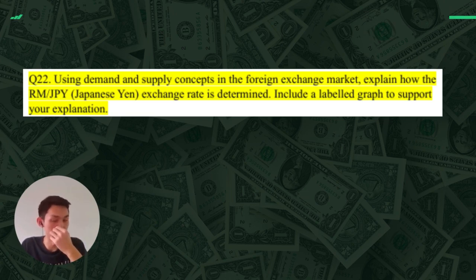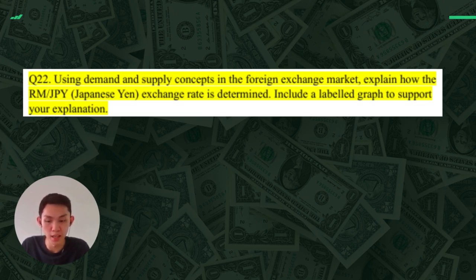So there are many determining factors that can affect demand and supply in the foreign exchange market. For the demand, Malaysians need Japanese yen to import Japanese goods or services, or to travel to Japan. This is for the demand.